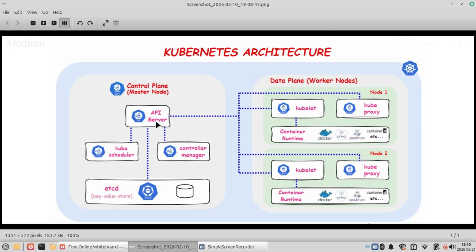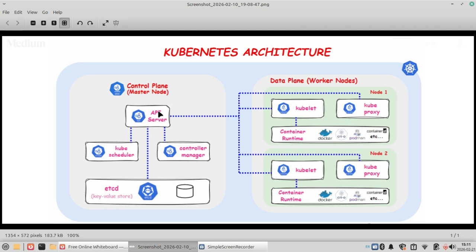Now, what is the API server? The API server is the front door of the cluster. Everything goes through the API server. When you run commands, when you are trying to talk to the cluster, it goes through the API server. You are not talking directly to the nodes. You are talking to the API server.